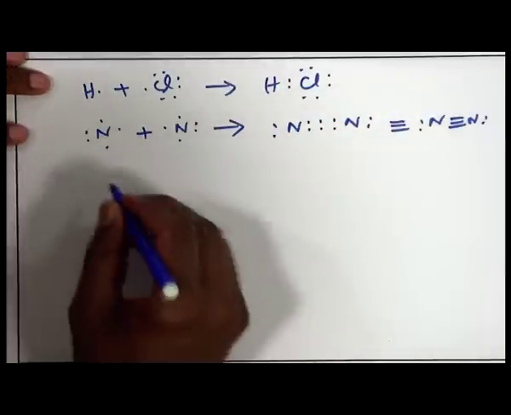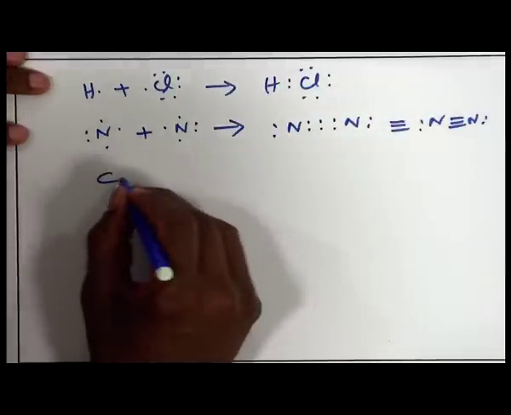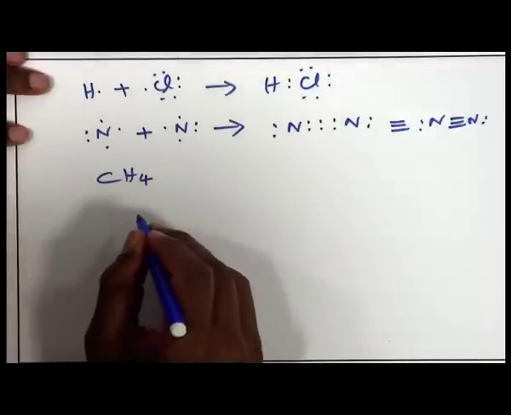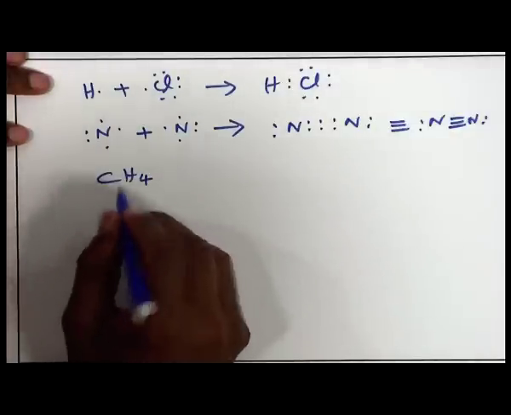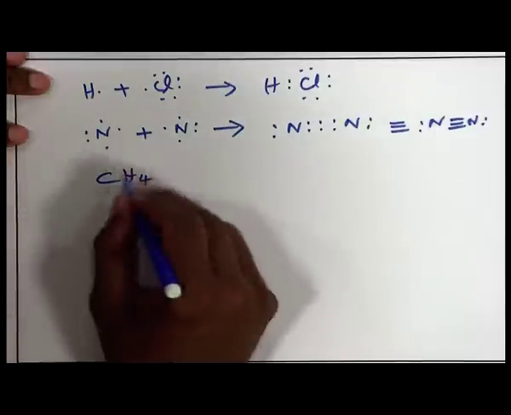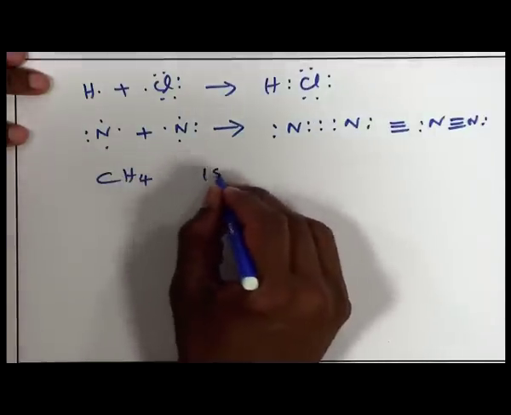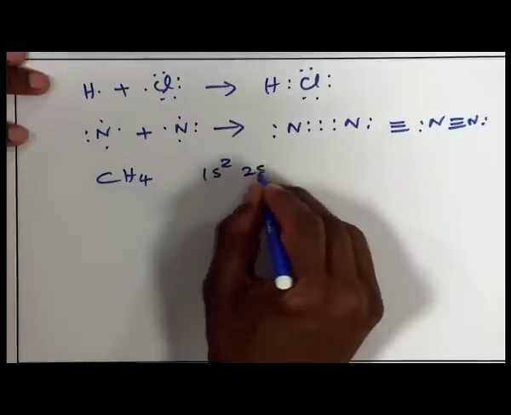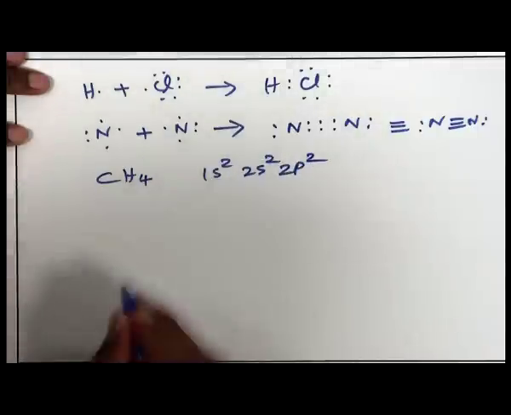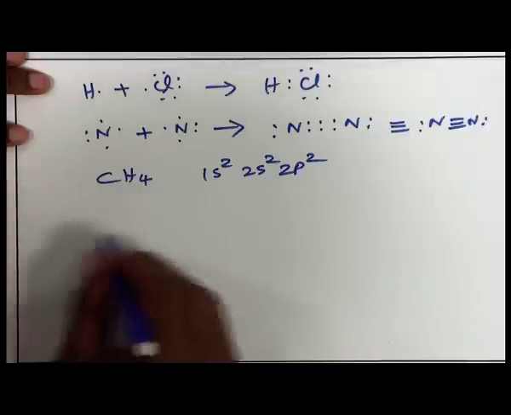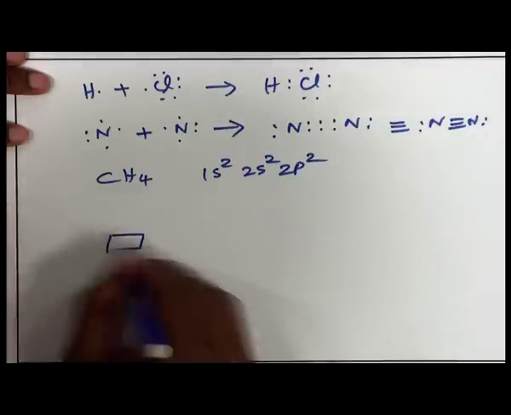Now, if you take carbon, for example methane, 4 bonds are formed. But if you look at the electronic configuration of carbon, it is 1s2, 2s2, 2p2. I can draw its energy level this way. These are the valence electrons.